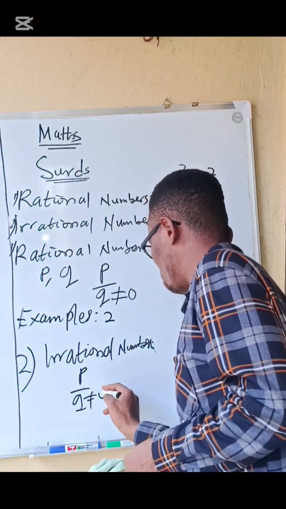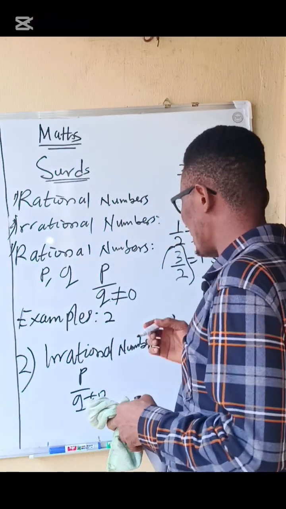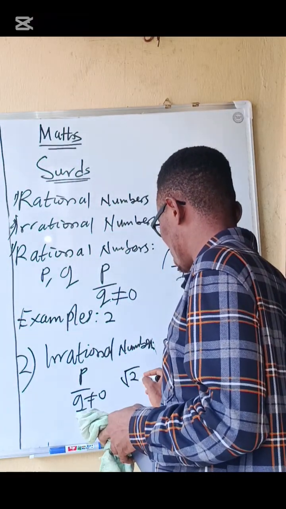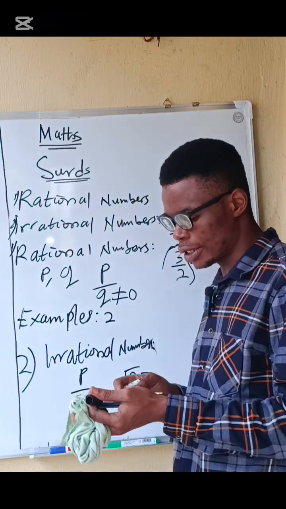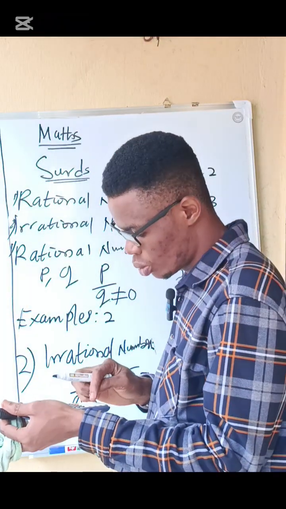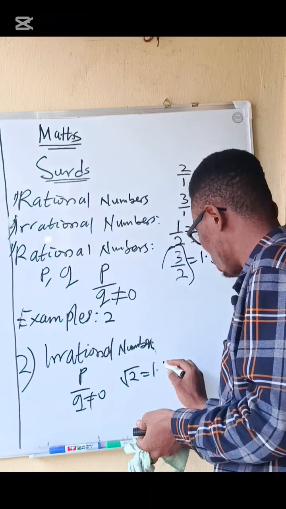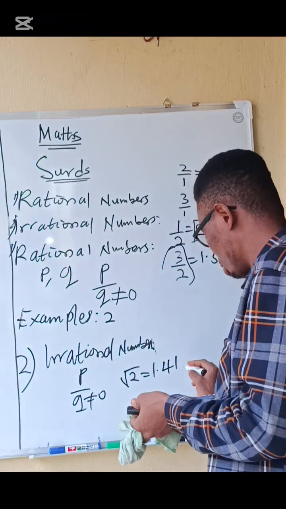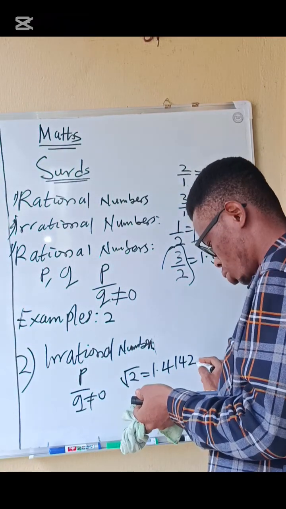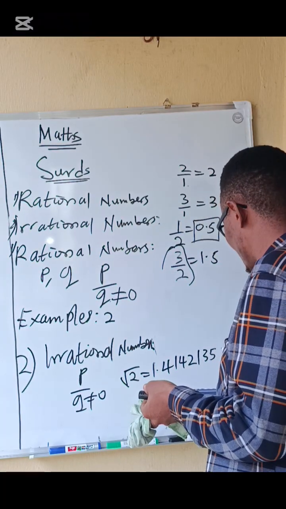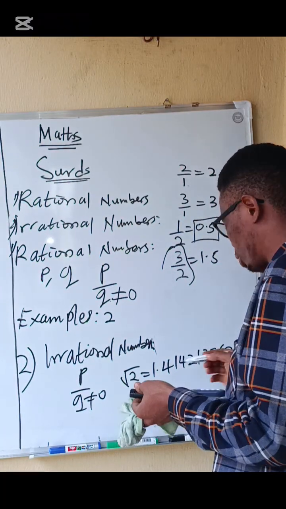Remember that q is not equal to 0. So take for instance, I ask you to find the square root of 2. When you find the square root of 2, what are you going to have? Let's see. Root 2 is going to give me 1.4142 13562 and so on.